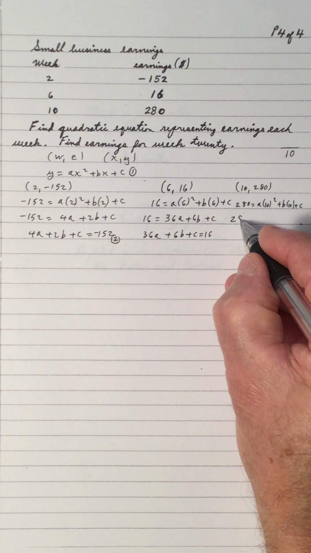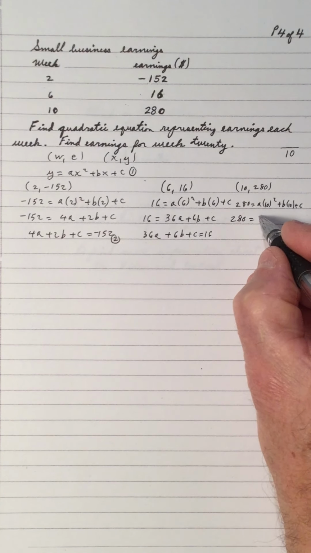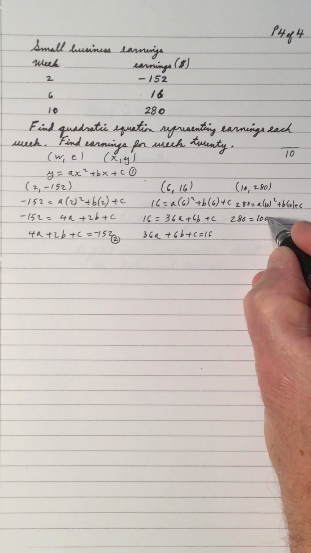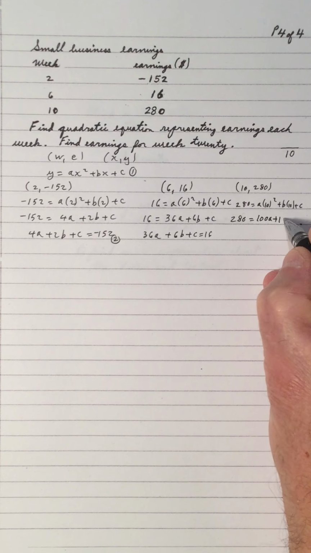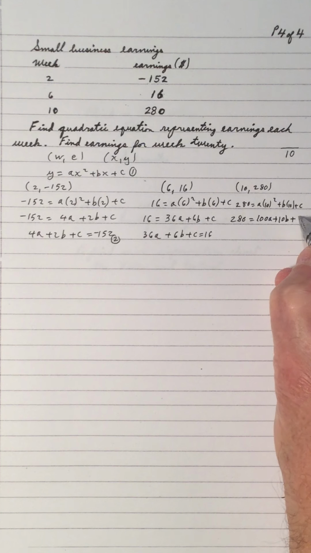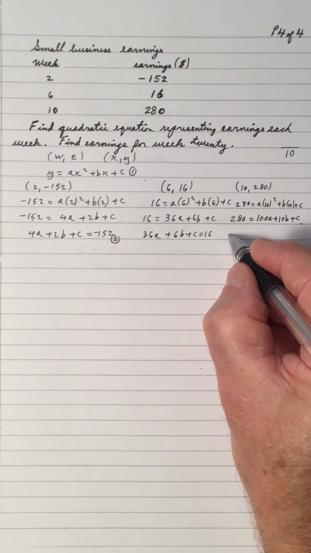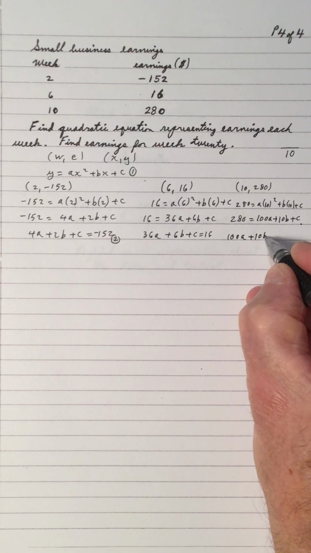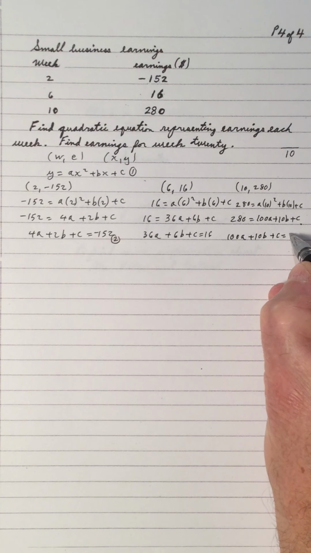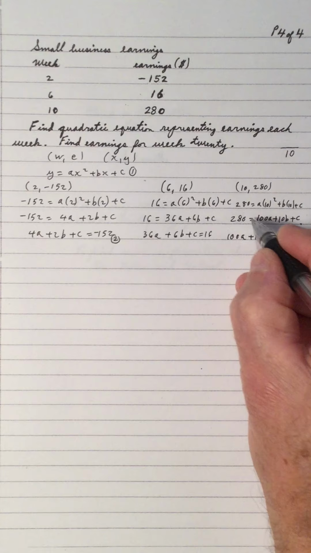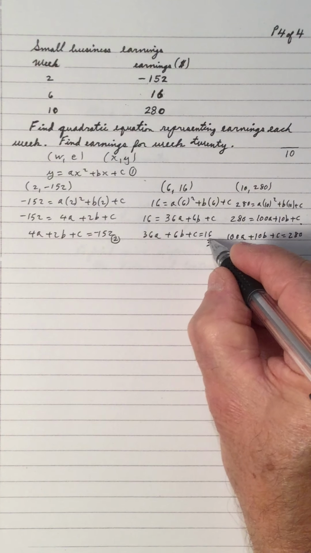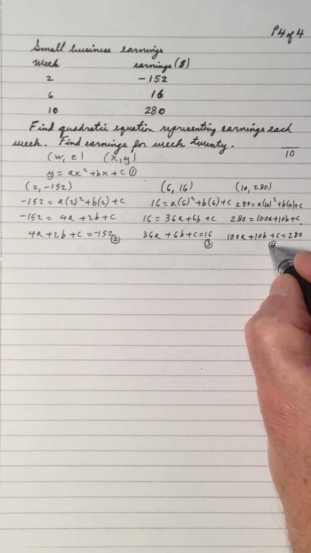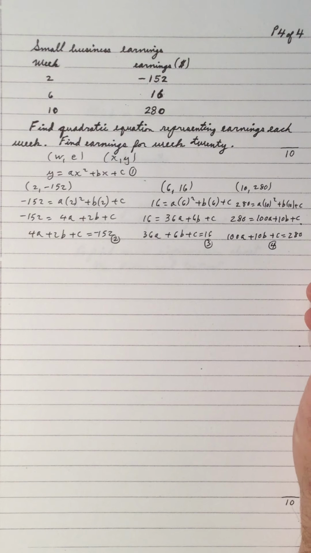So we get 280. 10 squared is 100, so it's 100a plus 10b plus c. And the equation, just change it around, 100a plus 10b plus c equals 280. So this is equation 3. This is equation 4.